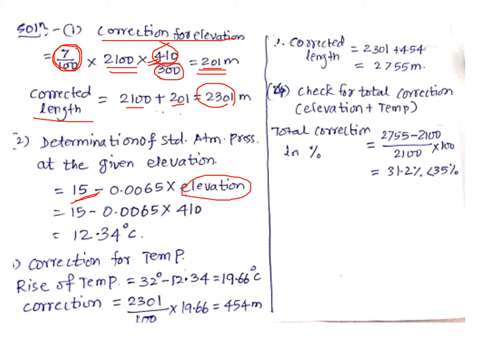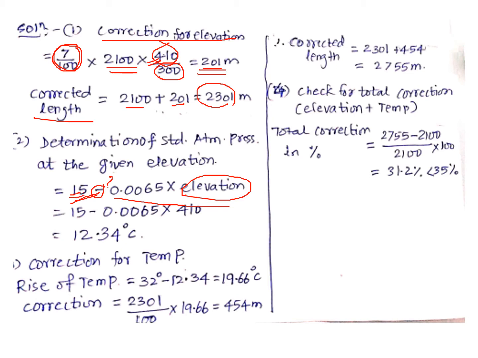So you have to calculate 15 minus, and this is the formula for it. The question is, why minus? Because as we go to higher altitude the temperature falls, so the value we get is less than 15 degrees centigrade.